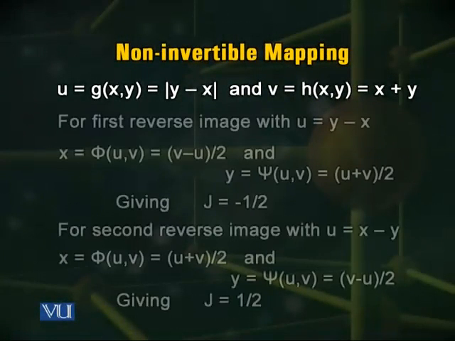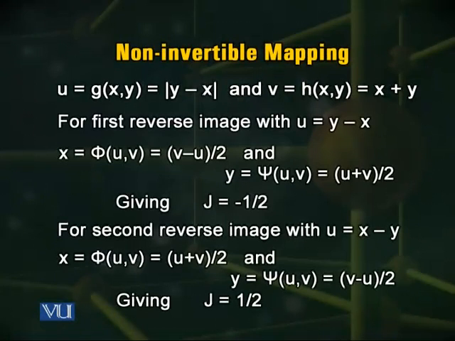I have used these two mappings, and there will be two inverse solutions, and there will be two components in the joint PDF of u and v, which will be expressed in terms of the joint PDF of x and y, which is known, and there will be two Jacobians evaluated at two inversely mapped parallelogram regions.